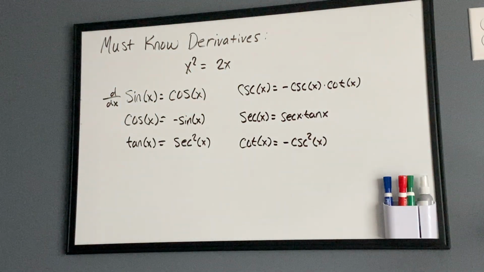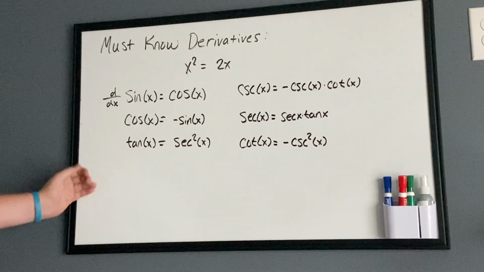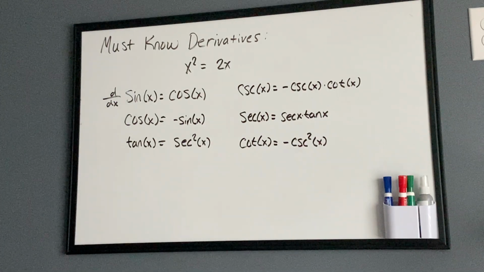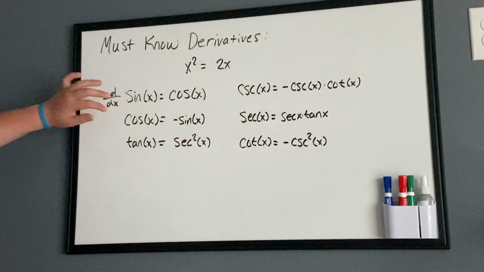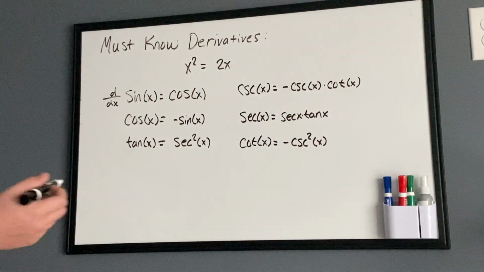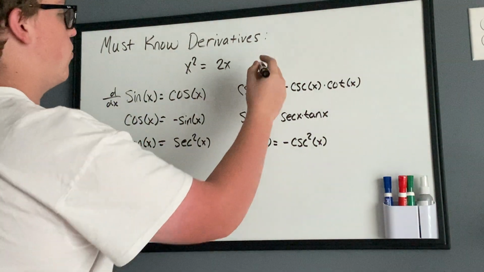Now, I know this is a lot right now. It looks like it's really complex. There's nothing that you need to do other than memorize these. You can commit these to memory and you'll understand them pretty easily. Now, really the super important ones to know are going to be your sine and cosine. Because any of these right here, later when you learn the quotient rule, you can learn the derivative because cosecant is 1 over sine of x.